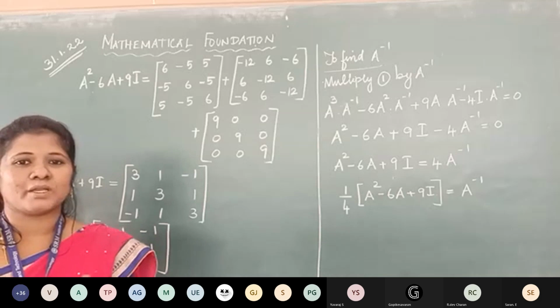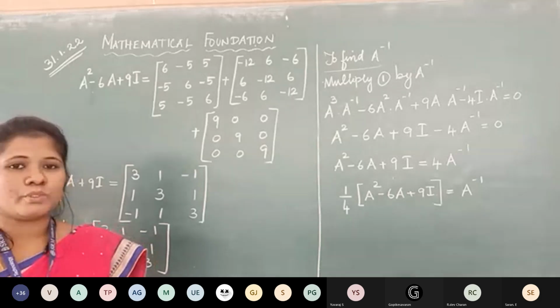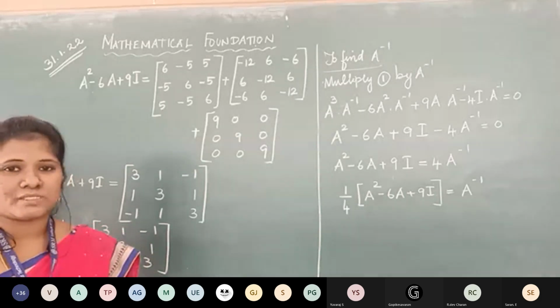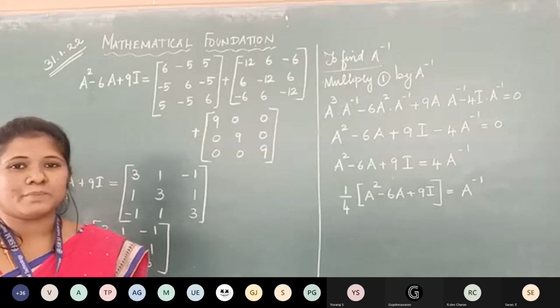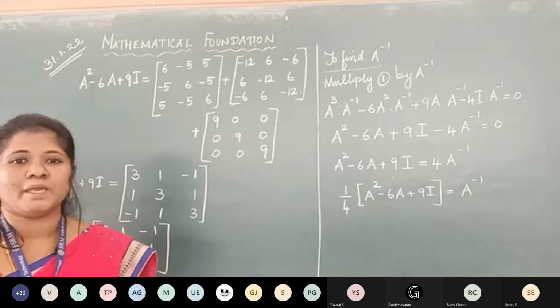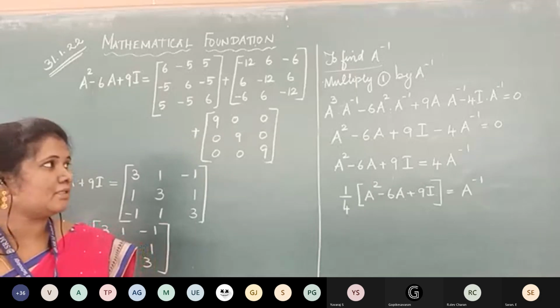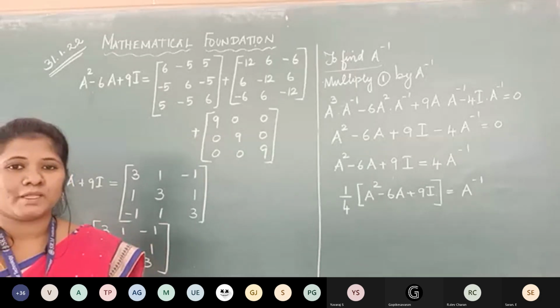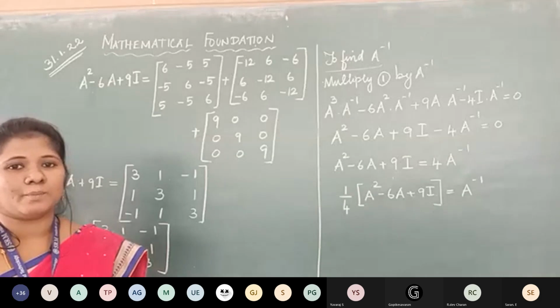Instead of multiplying A square into A square, what you can do is, here we multiplied with A inverse, isn't it? The same way, if you multiply with A, A cube into A will become A power 4. So from that equation, if you multiply with A, it will become A power 4.